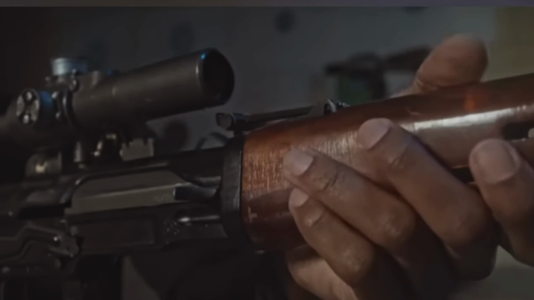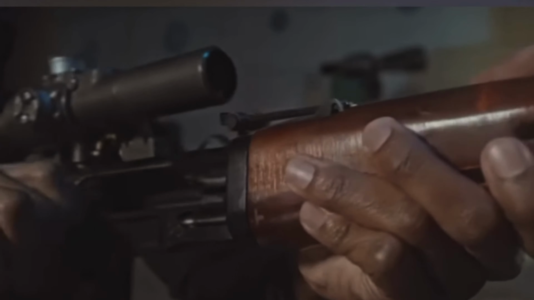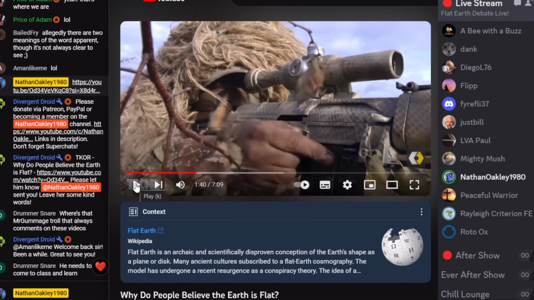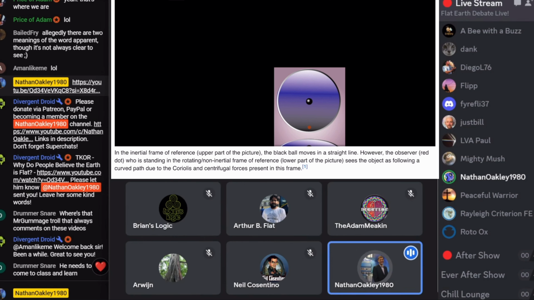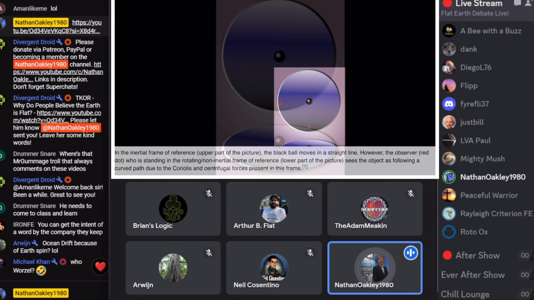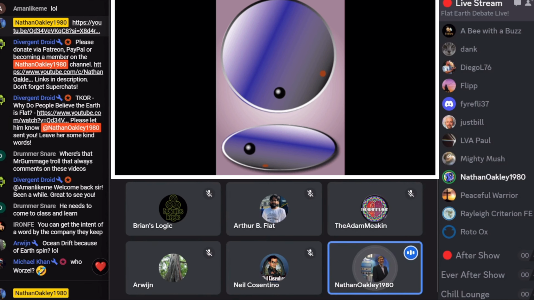Long-range military snipers even have to make an allowance for deflection caused by the Coriolis effect. So the sniper shoots the bullet in a straight line, and according to the Globe Earth claim, Earth turns underneath the bullet, an apparent deflection that they would account for.